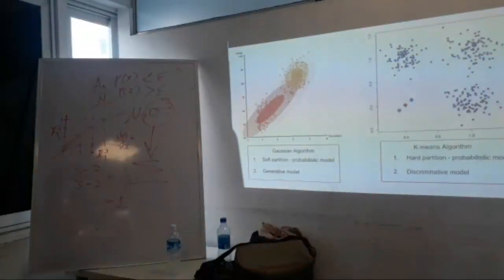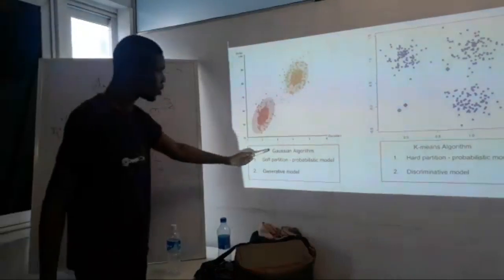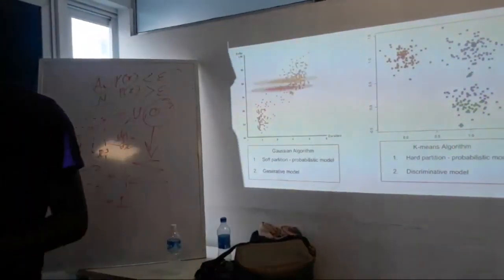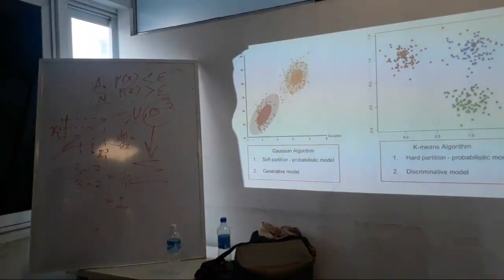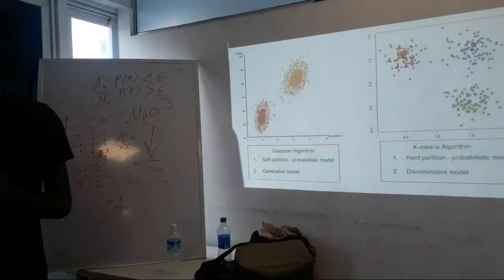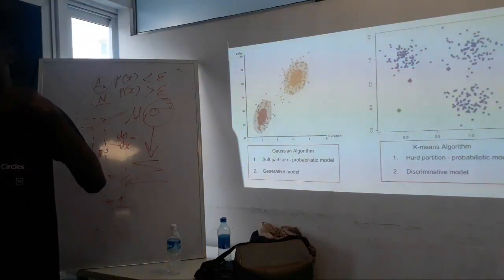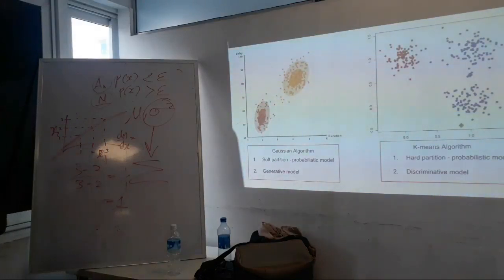Then let me just talk about the difference between the Gaussian algorithm and the K-means algorithm. First of all, what is the K-means algorithm? How does it work? First of all, what it is and how does it work? Not really a detailed answer, just an overview.